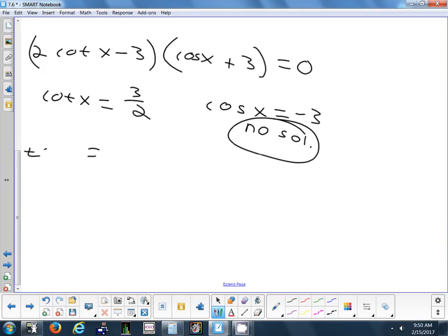What's the relationship between them? 1 over tangent is cotangent. Yeah, you flip. So if the cotangent of x equals 3/2 in this problem, what does the tangent of x equal? 2 over 3. And now I can do what on both sides because I have a button for it? I can do the inverse tangent.